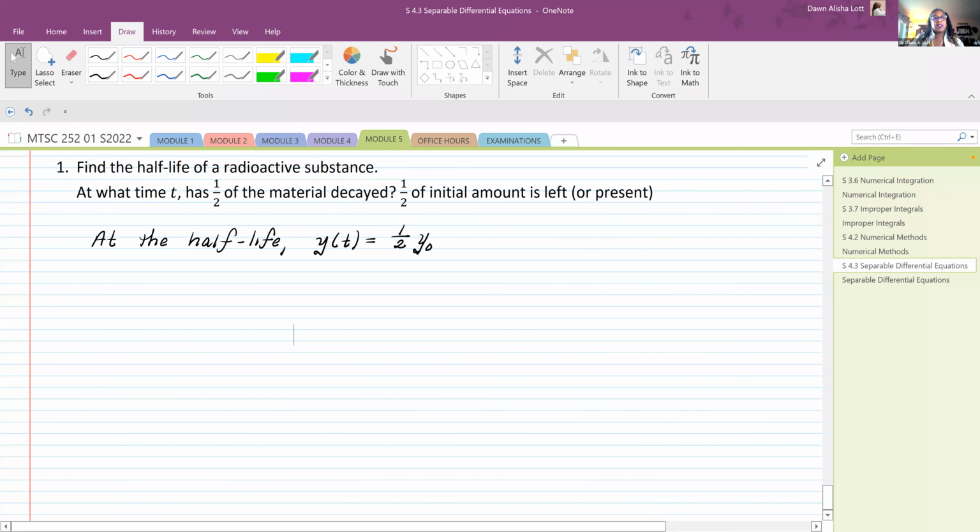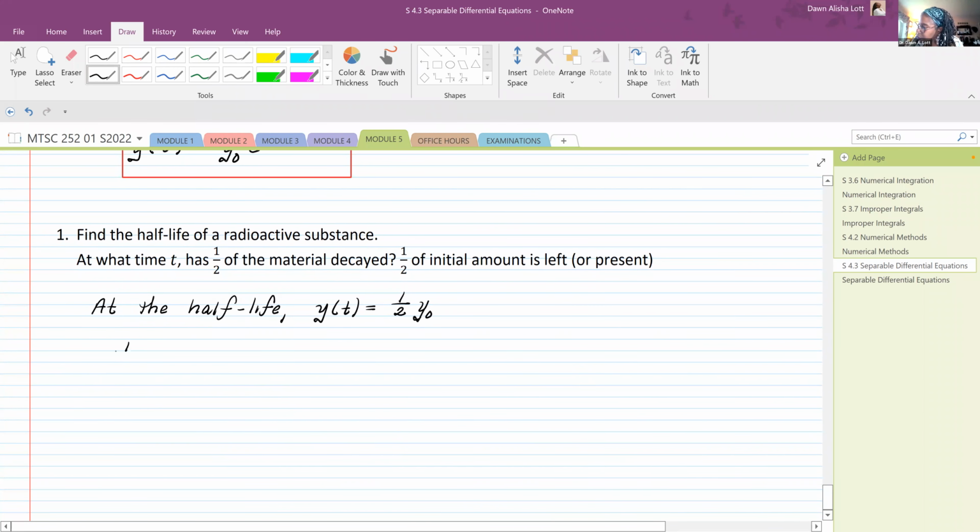So that says then that we want 1/2 of y naught to equal y naught e to the negative kt. So now, as you can see, we can divide y naught out of both sides, and we get 1/2 is equal to e to the negative kt. I can take the log of both sides. So the log of 1/2 is equal to the log of e to the negative kt.